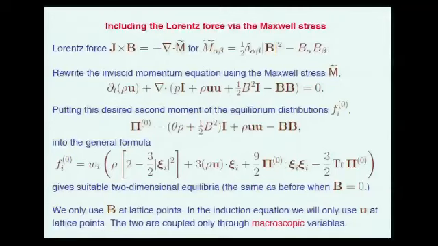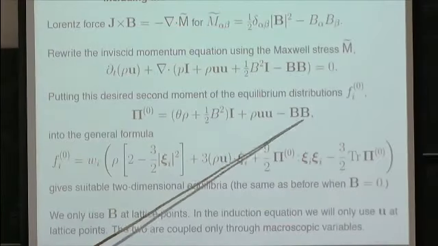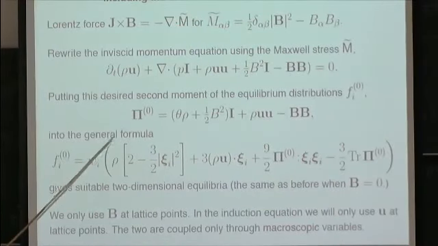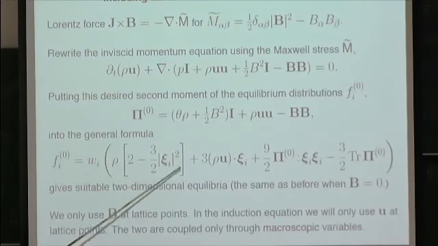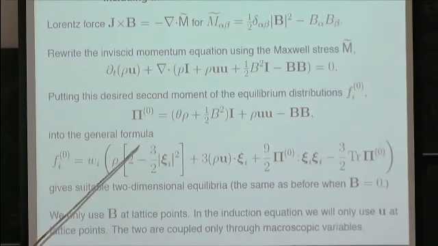So I just change my equilibrium momentum flux to put in the magnetic pressure and the magnetic tension, and then there are formulae which tell me how to go from the moments to the distribution functions. I've just thrown away the n and the j, which I can do for an isothermal fluid. So this is a formula for the distribution functions, given I want this momentum flux at the Euler level.